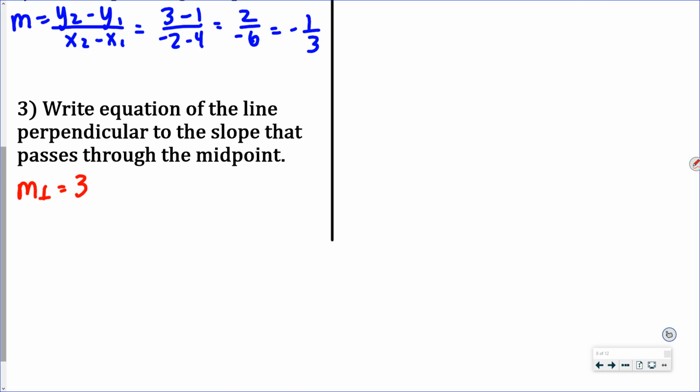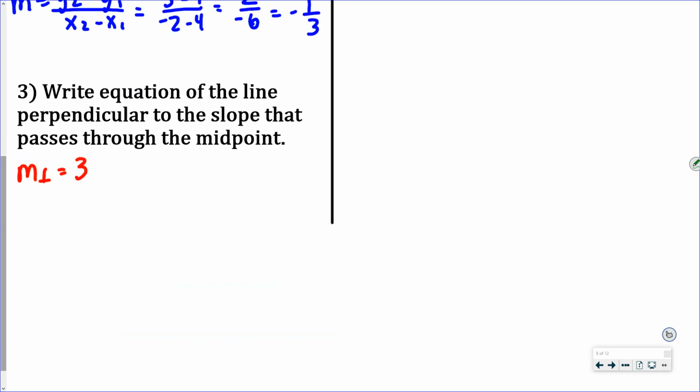All right, so we know the slope of our line is 3, and we know it passes through the midpoint, 1, 2. Do you remember how to write equations of lines? y minus y1 equals m times x minus x1. Throwback.